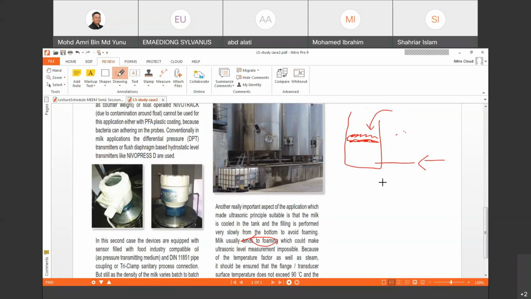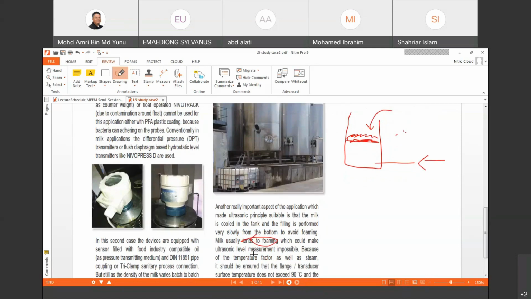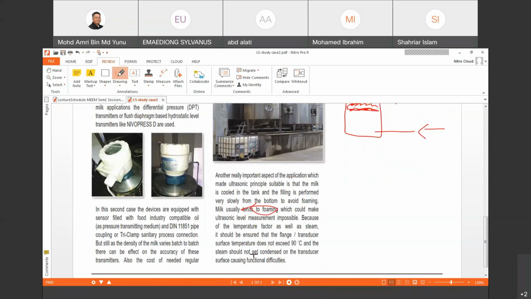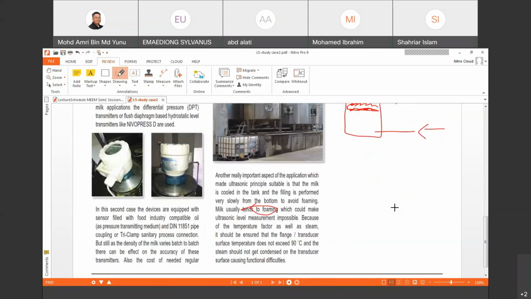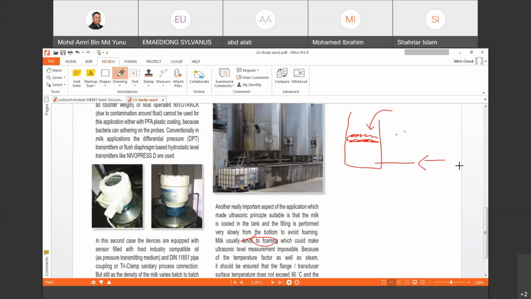As we showed before, foam will cause the acoustic signal to scatter and the output will contain errors, because the acoustic signal is not a high energy signal and cannot penetrate foam. So in this solution the milk is transferred into the tank from the bottom.